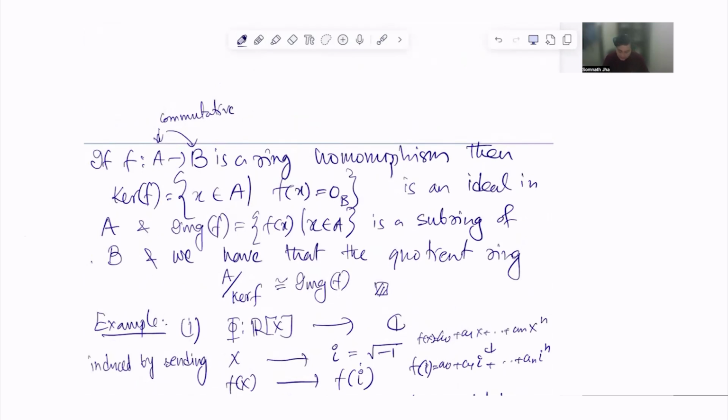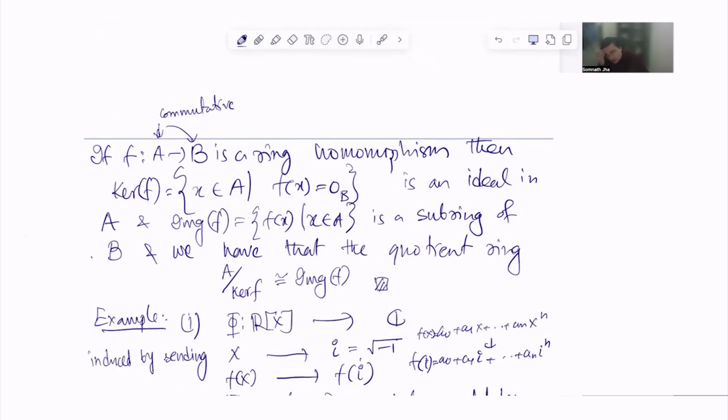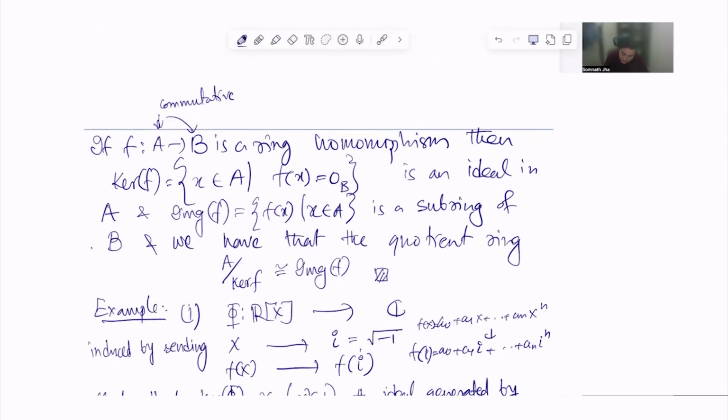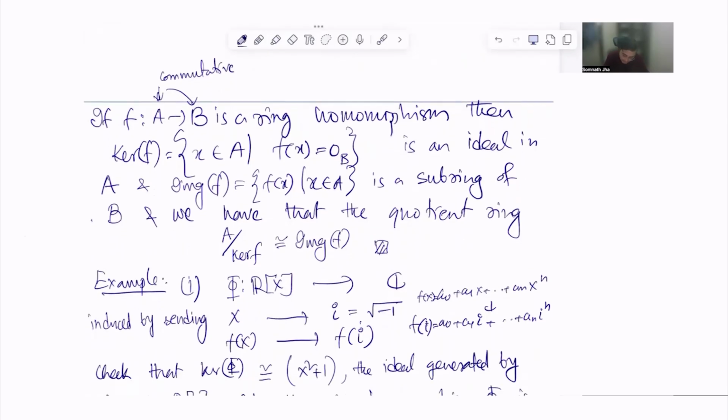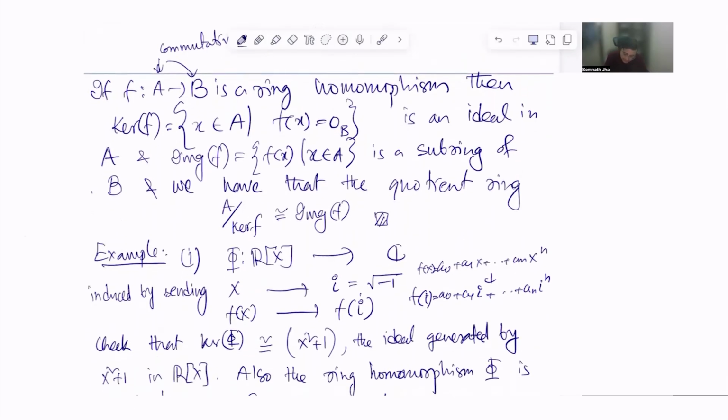That's not hard to see, and it is also surjective, because you have a plus bi. This is a surjective ring homomorphism because a plus xb goes to a plus bi.